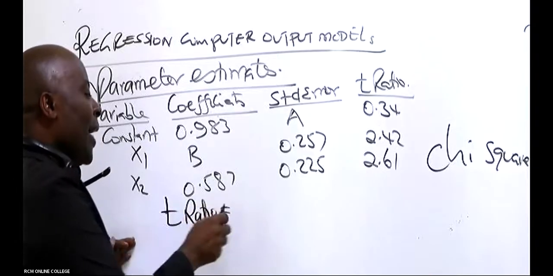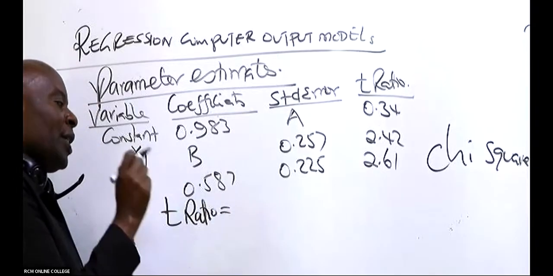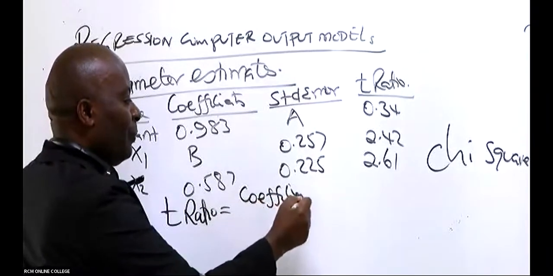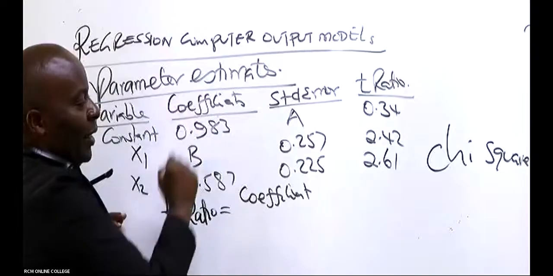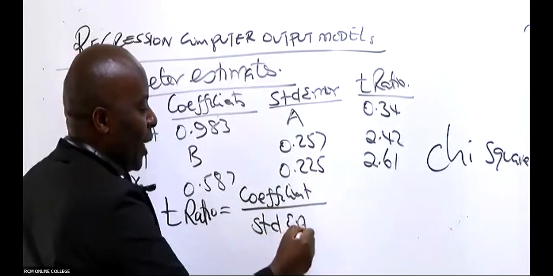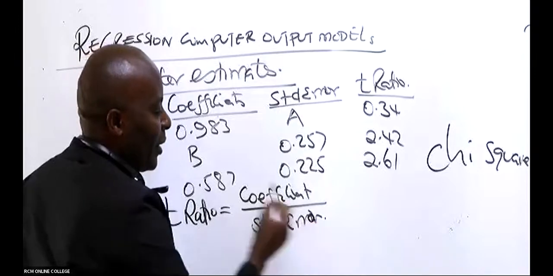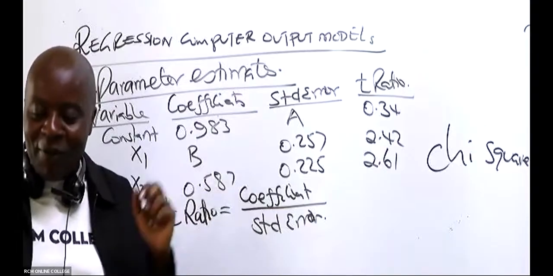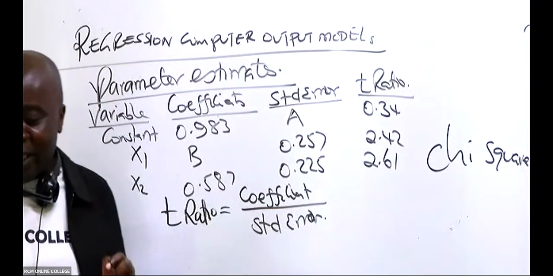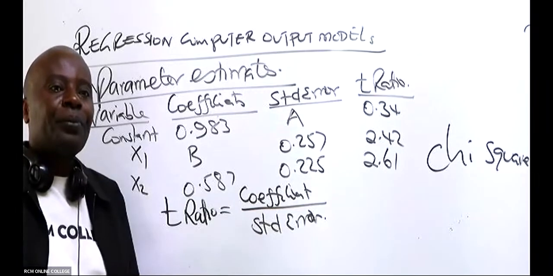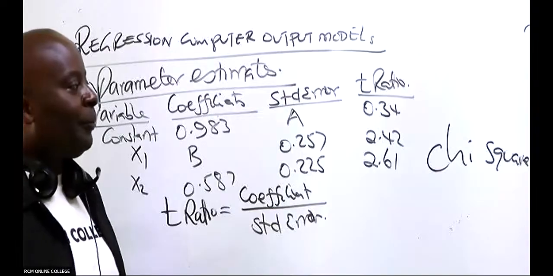And anytime they want us to calculate the T ratio, we normally take the coefficient itself, the parameter itself, and then you divide it by the standard error. First, we are computing the T ratio, and then we read the T table value. So anytime they want us to get the T ratio, we take the coefficient, we divide this by the standard error.